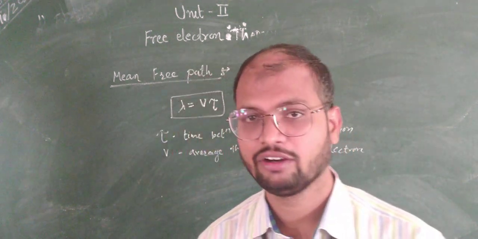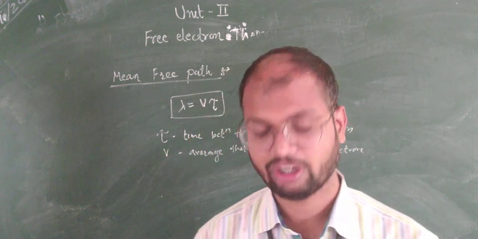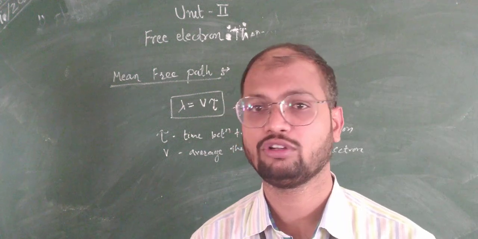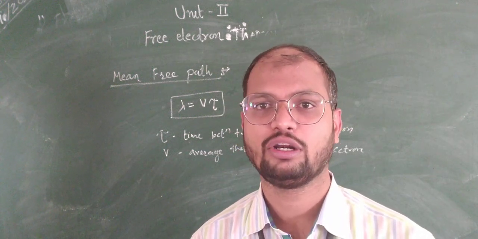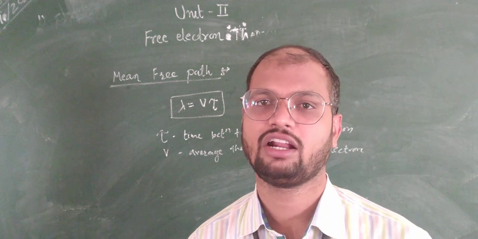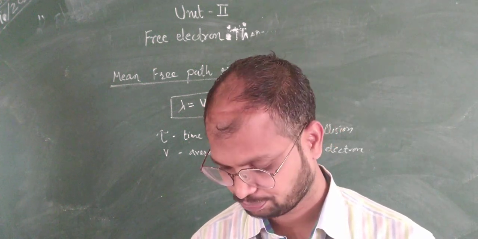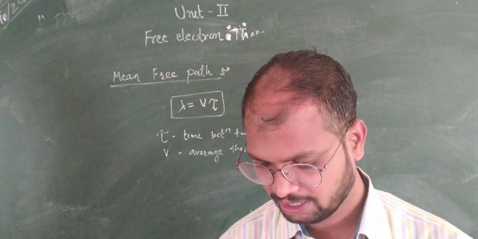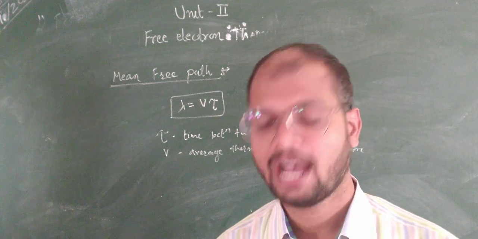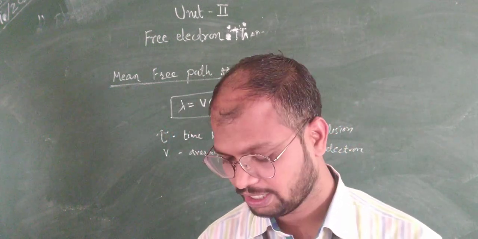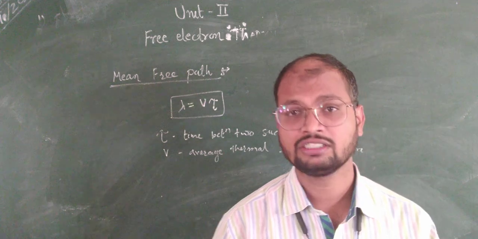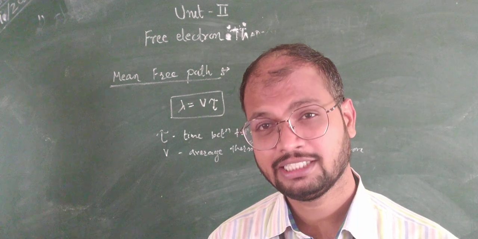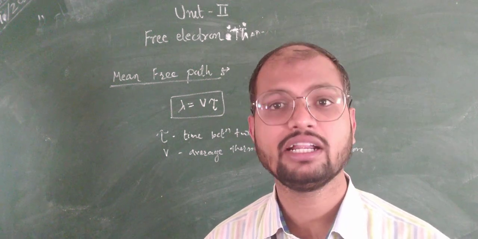After that, we studied the Drude-Lorentz free electron theory of metals, and we discussed the basic assumptions of the Drude-Lorentz free electron model. We studied that the first main characteristic of metals is that the metal possesses high electrical and thermal conductivity.